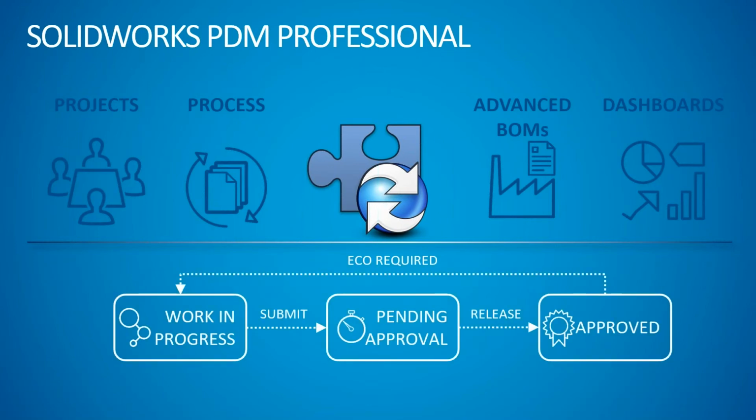So for those of you who aren't familiar, SOLIDWORKS PDM provides workflows which can have states, and that allows your documents to go through certain statuses or states to show you where the document is in the design and the progress of that.